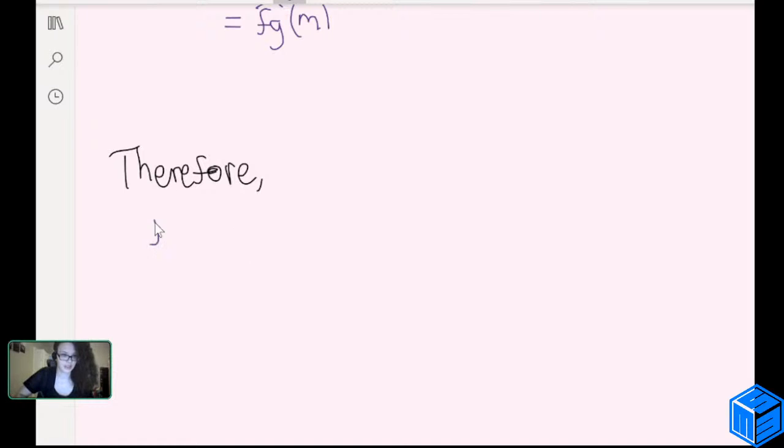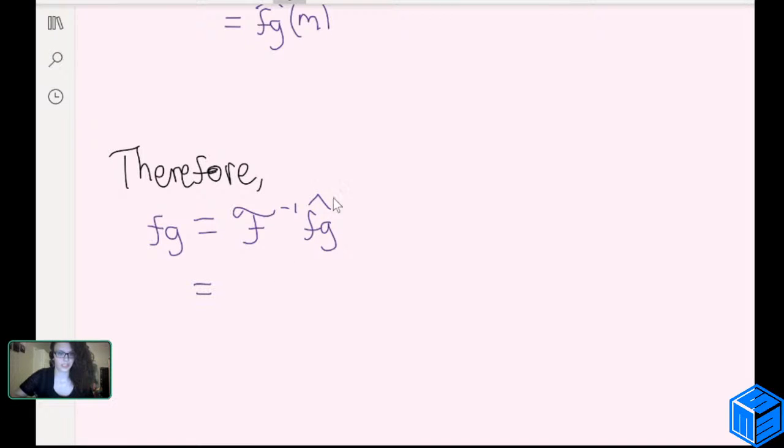So let's take our inverse Fourier transform. We've got this here, and that's just by definition.